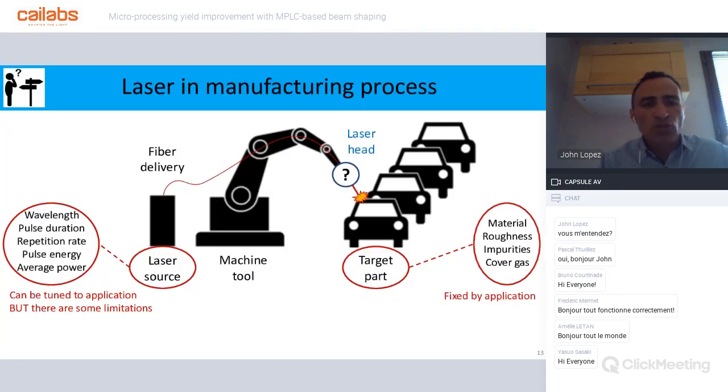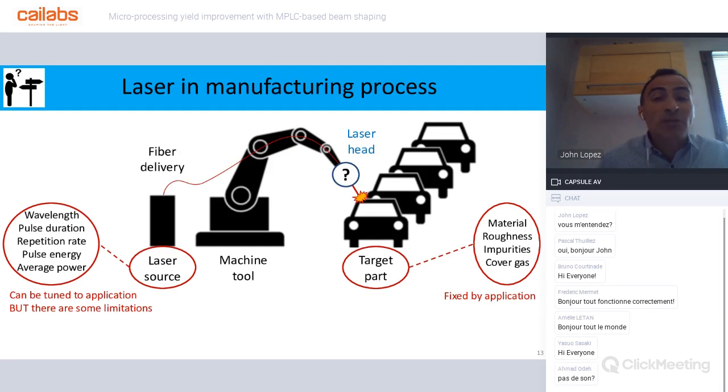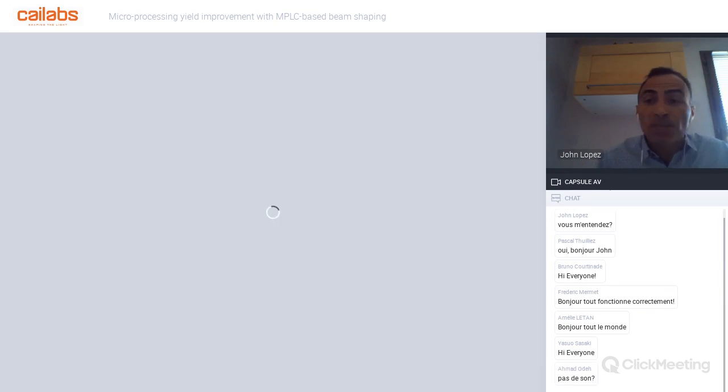The other option is to play with laser parameters that can be tuned to the application. For instance, we can change the wavelength to change the absorption, the pulse duration, the rep rate, the pulse energy that can act on the fluence, the average power, and so on. They can be tuned to the application, but there are some limitations.